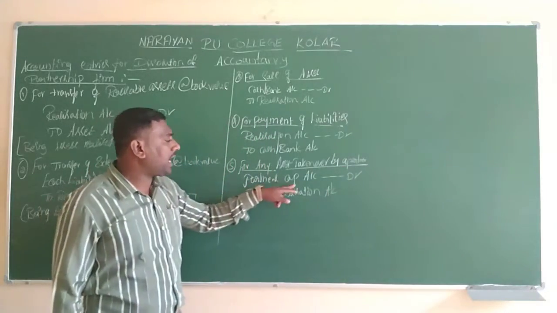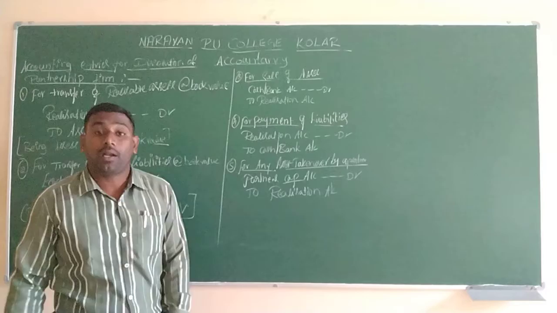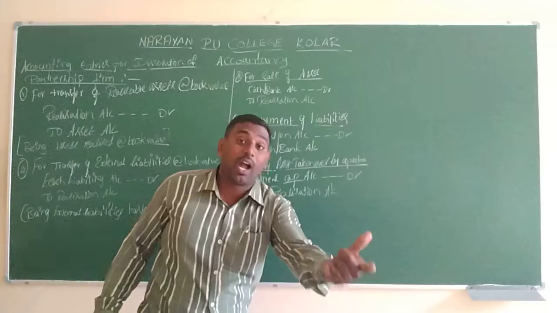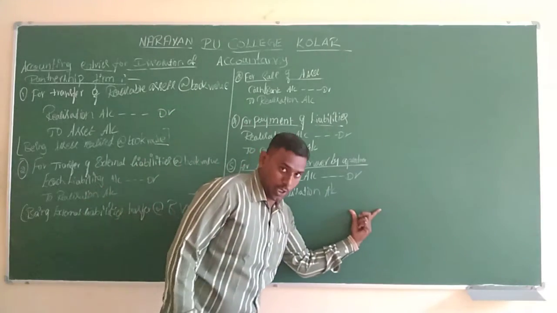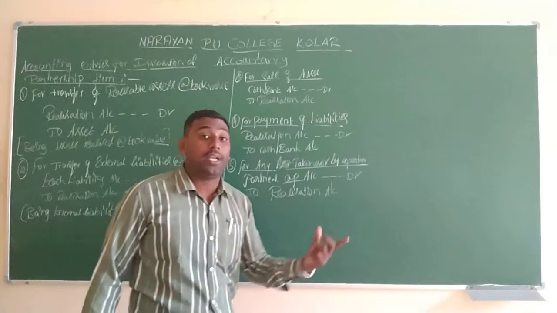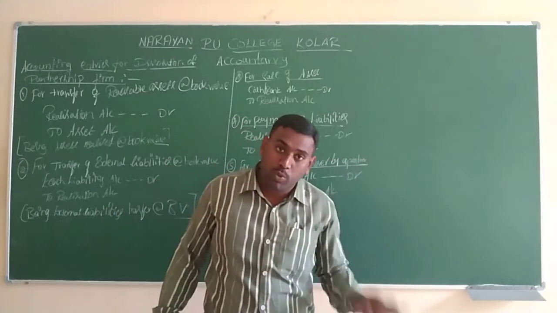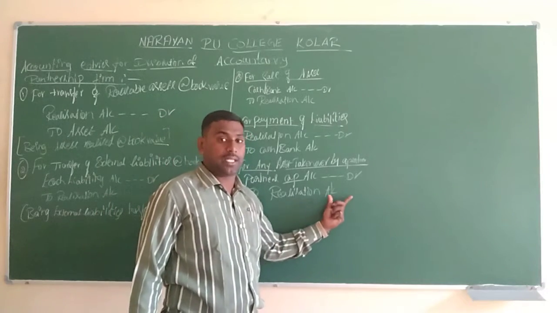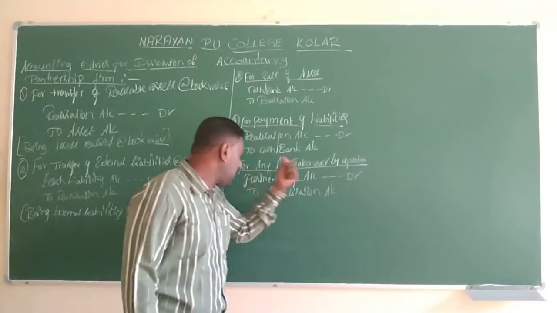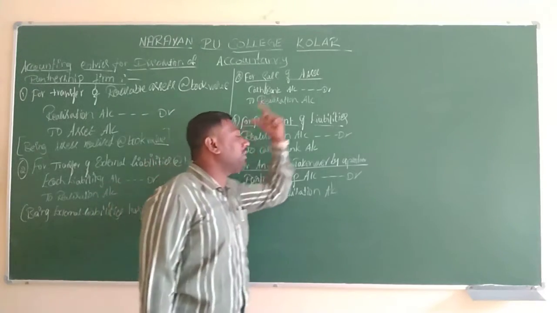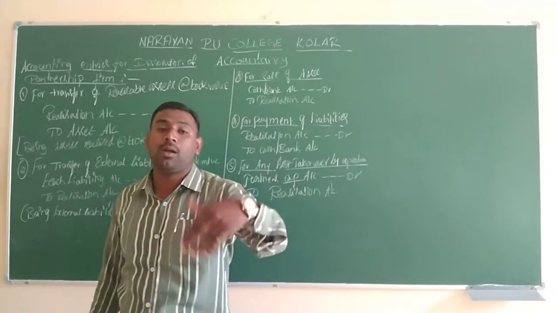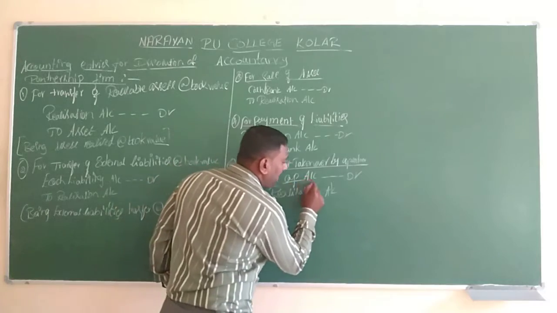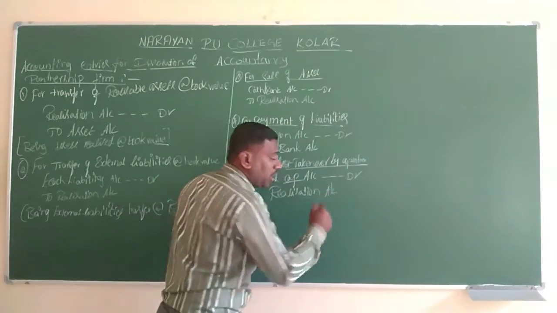So the entry is: partner's capital account debit to realization account. We write the amount on the debit side of the partner's capital account. We receive this amount from the realization account, that is, its credit side. Whatever balance amount is on the realization account credit side is recorded on the debit side of the respective partner's capital account.